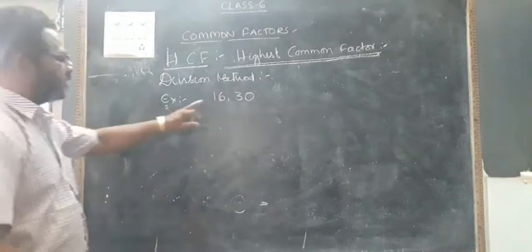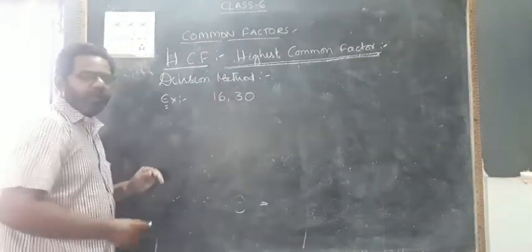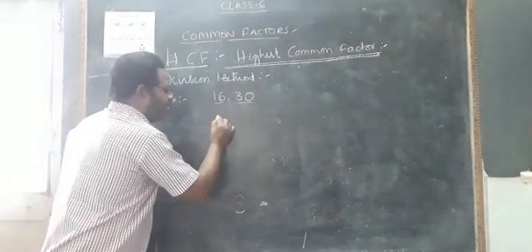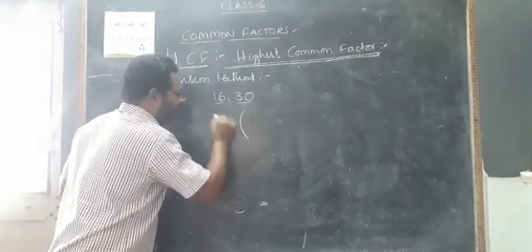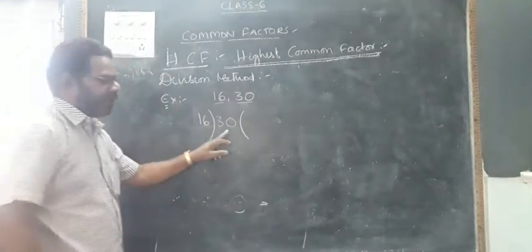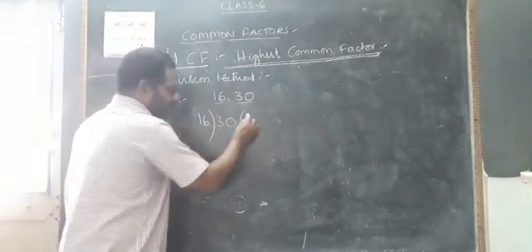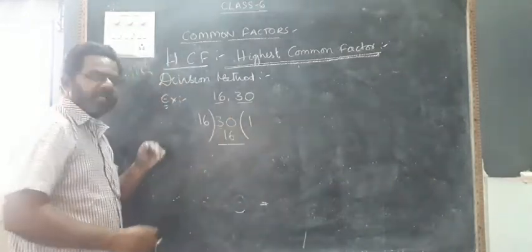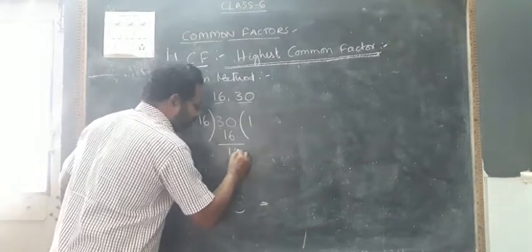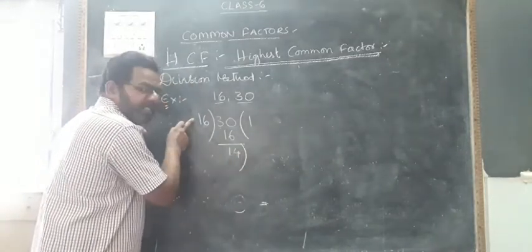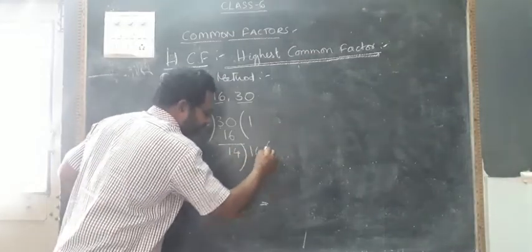So 16 and 30, in the division method. Compare which one is smaller and which one is bigger. 30 is bigger. 30 should be divided by 16. 16 is the divisor, 30 is the dividend. 16 1 is 16, because 16 2 is 32, which is more than the dividend. So 14 is the remainder. With this 14, the previous divisor 16 should be divided.